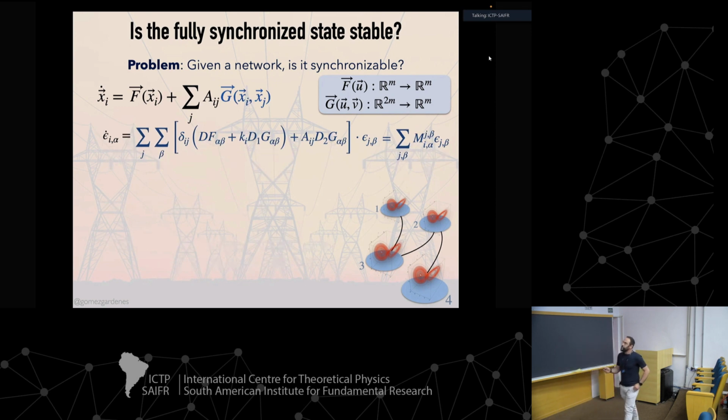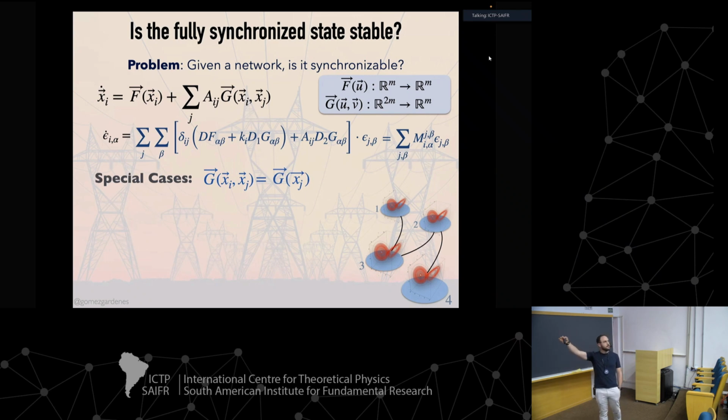The special cases come from the form of this interaction function. Depending on the form of the interaction function, I can make some simplifications. The first is that the interaction function does not depend on the state of the node, only on the state of the neighbor. So I can write J as depending only on the state of the neighbor. This is a reactive interaction. It's very common; for instance, in the Sikevich model, this coupling is reactive.